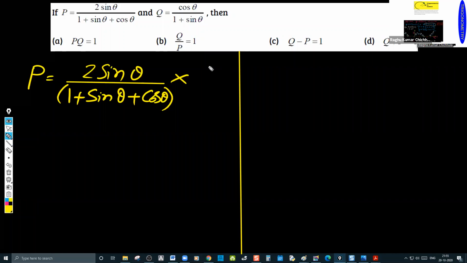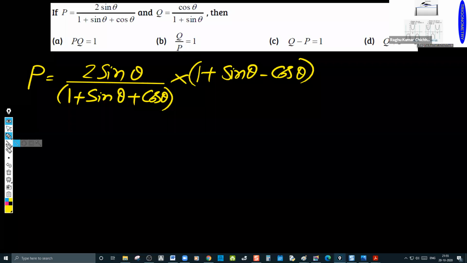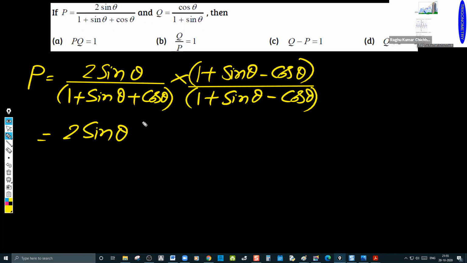What I'm trying to do here, I'm multiplying and dividing the numerator with 1 plus sine theta minus cos theta, whole divided by 1 plus sine theta minus cos theta. Now, any one of you, do tell me what should be the denominator now?